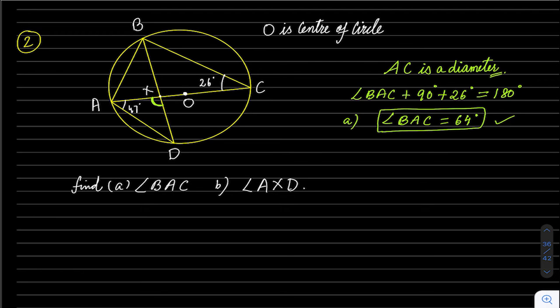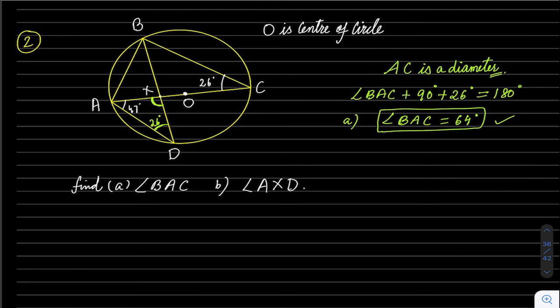So this angle D should also be 26 degrees. Angles made by the same arc on the circumference of the circle are equal. So angle C is equal to angle D, that is, angle BDA is 26.